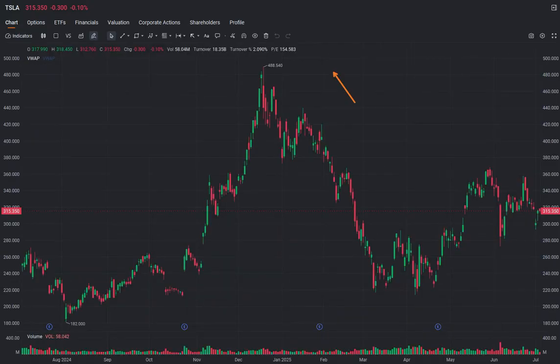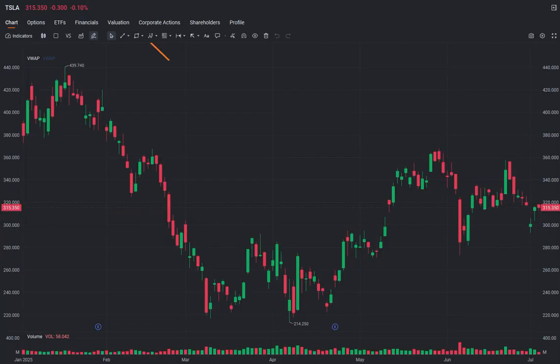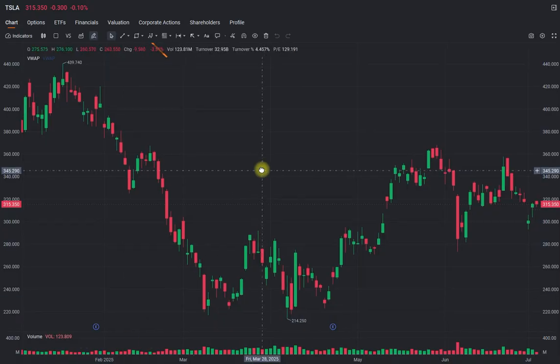A year ago in August, the price was 182. It climbed to 480, went down to 210, and now it's in the middle somewhere at 315, according to yesterday.